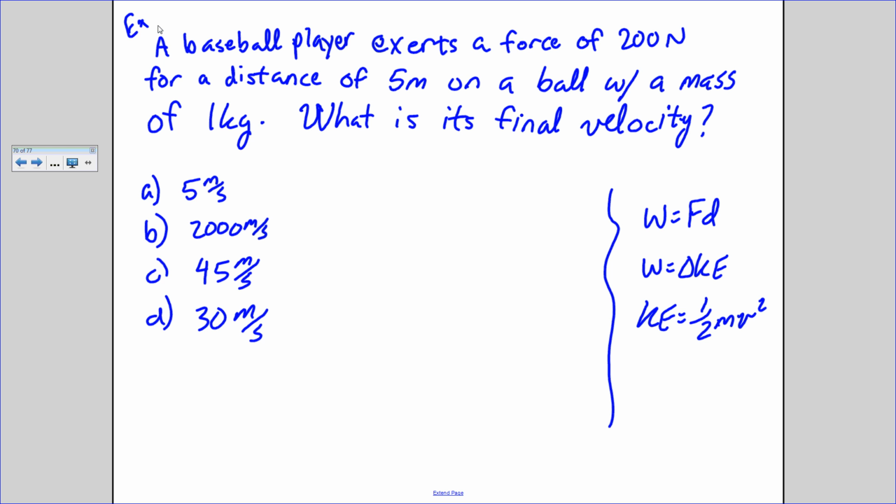You're going to set that equal to the kinetic energy. And you're going to have all these equations as well. What's the work that's done on the object? Right, 5 times 200, 1,000 joules.